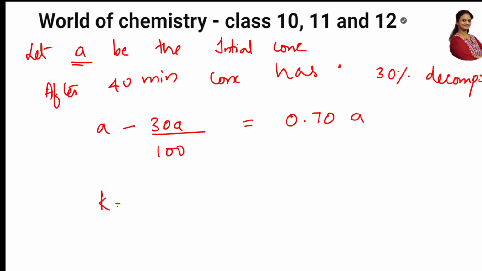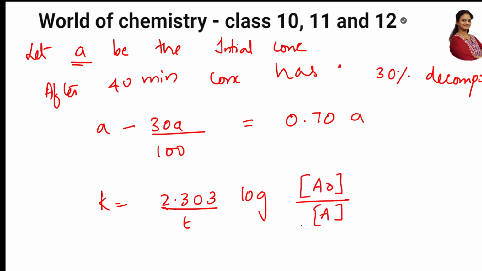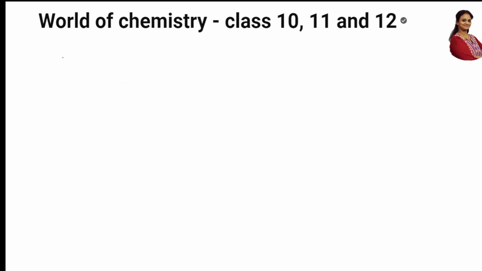So k is equal to 2.303 divided by t log a naught by a. Correct? Now how much is t? The t value is how much? In 40 minutes they gave, right? So I'm going to substitute that t value. k is equal to 2.303 by 40 log.